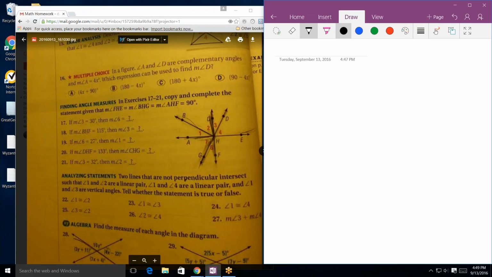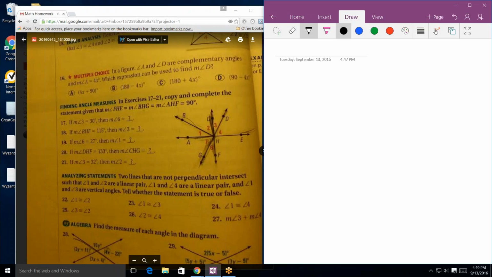FHE is that lower right quadrant. That's 90 degrees. We know that. BHG is the right angle that's kind of tilted, making up angles 1 and 7. So we know that's 90 degrees.